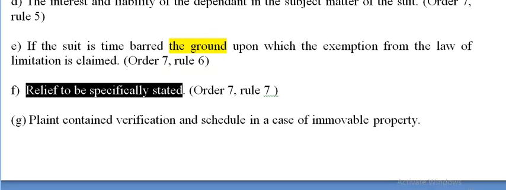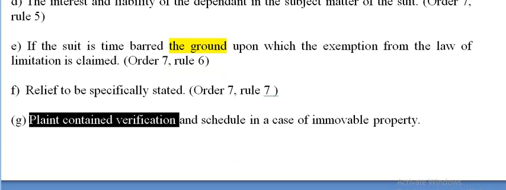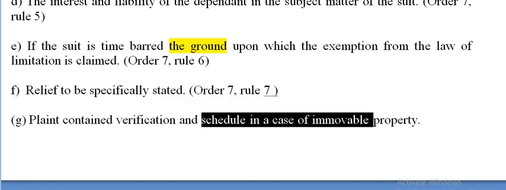And next, the plaint must contain a verification. In the last part of the plaint, we have to give a verification, and a schedule in the case of immovable property. If the suit is for immovable property, then we will give a schedule.